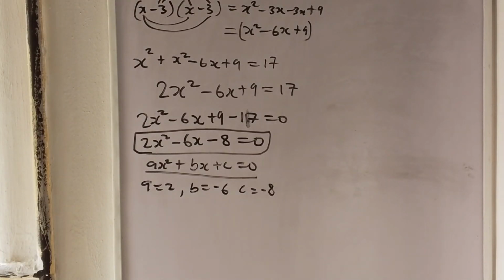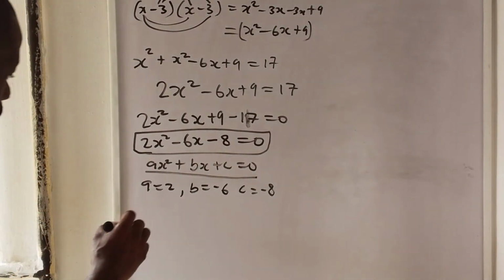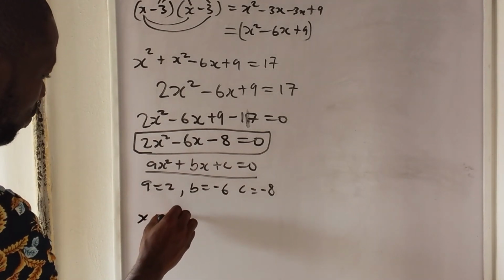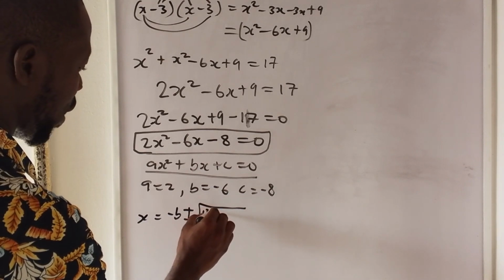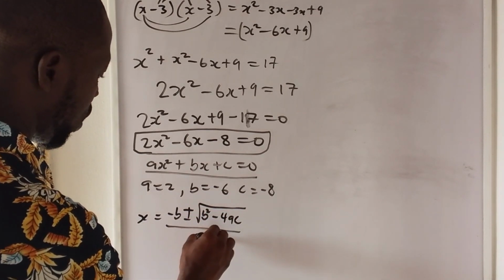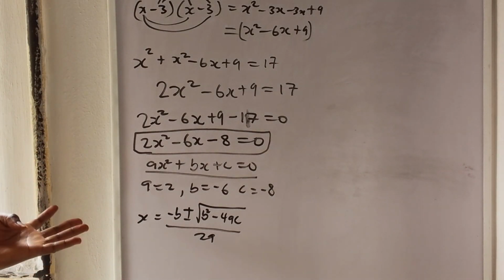All right. So using the quadratic formula says x is equal to minus b plus or minus square root of b squared minus 4ac all over 2a. Right? Because we can solve a quadratic equation using 4 methods.